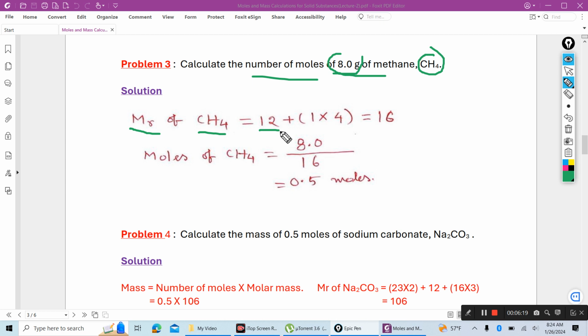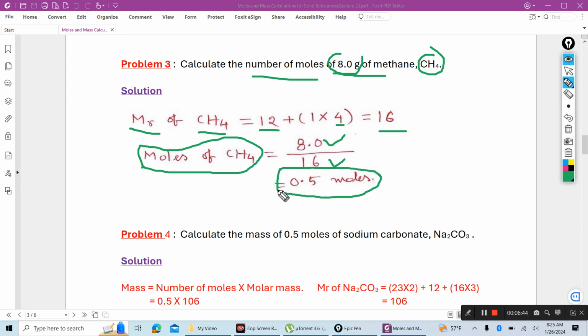Carbon relative atomic mass is 12 plus 1 times 4, as there are 4 hydrogen atoms. You will get 16. Now the formula: number of moles of methane equals mass in gram divided by molecular mass, which gives 0.5 moles.